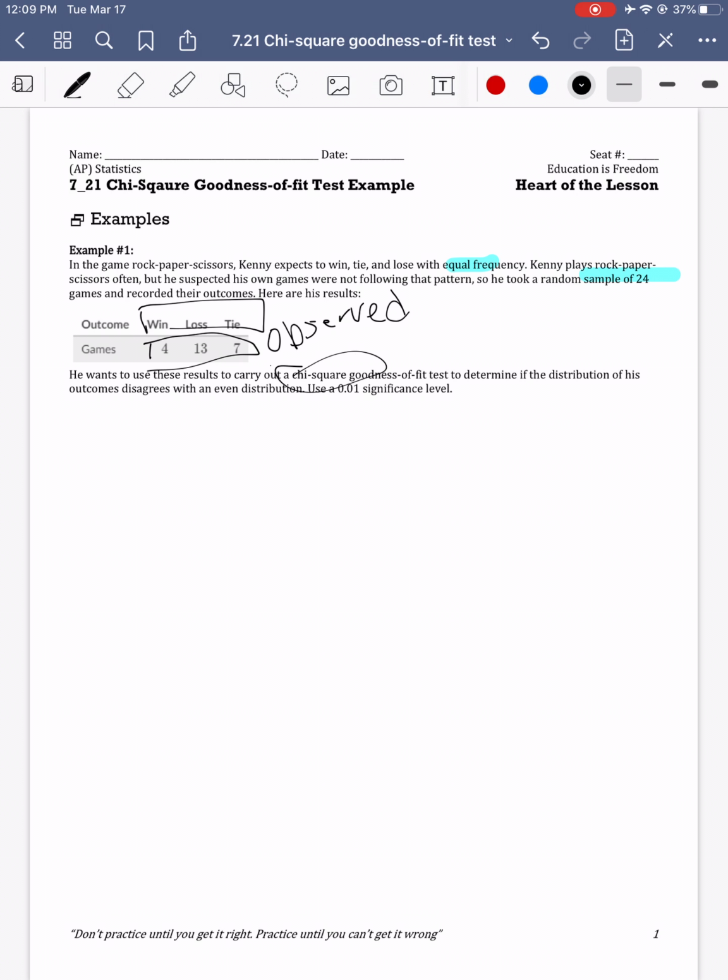So we can start with our hypotheses here. For the goodness of fit test, our hypotheses are always going to be the same. The null: the observed values are equal to the expected. The alternate is always going to be the same: the observed values are not equal to the expected.